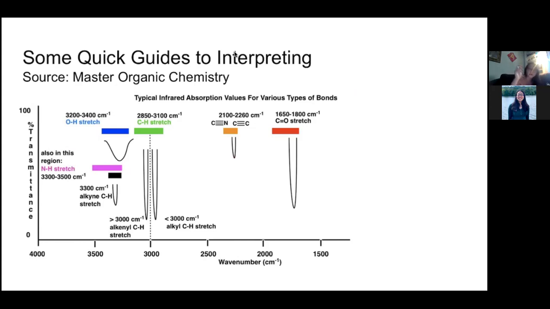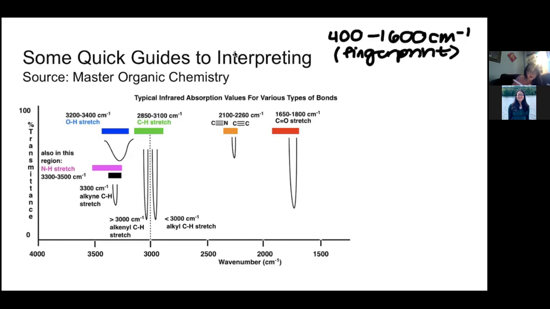And so I'm just going to very quickly run you through some of the important points here. So remember, from about 400 to 1600 is going to be your fingerprint region. Like we mentioned before, the fingerprint region, not super useful for us in this class. Next up is going to be 1650 to 1800.